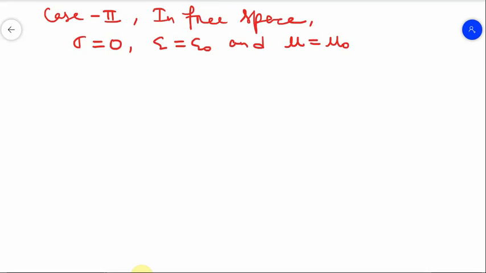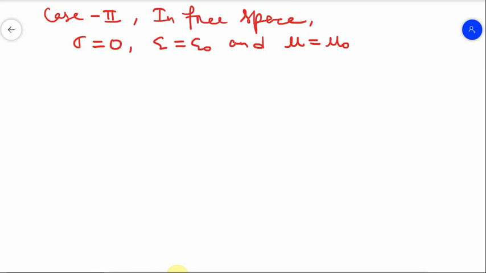For free space, conductivity is 0, permittivity is equal to absolute permittivity epsilon 0, and mu is equal to mu 0.